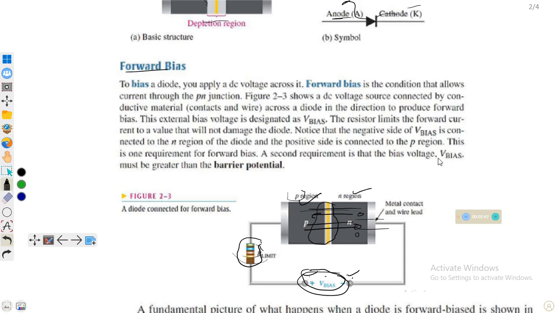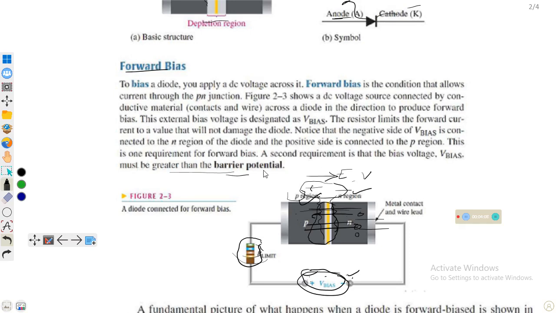The second requirement is that the bias voltage must be greater than the barrier potential. We have a hill of positive charge on this side and a hill of negative charge on this side. Here is the electric field, and it contains some potential which does not allow the electrons to go from the n region to the p region.